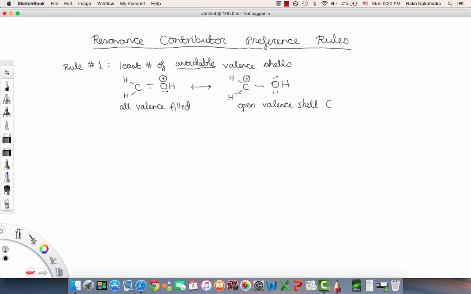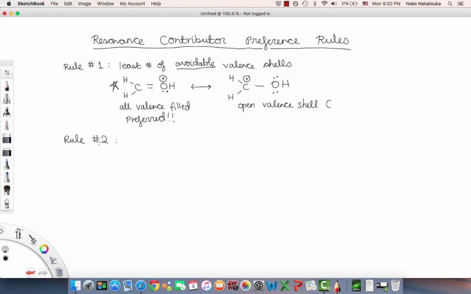So in some cases, it may not be possible for all the atoms to have full valence shells, which is why we come up with rules 2 to 6 as well. But in the case that in one scenario all valence shells are filled, and in the other there's an open valence shell for one of the atoms, this guy is always going to be the preferred resonance structure. So this guy is preferred. And I'll give him a star. There we go. So now let's move on to rule number 2.